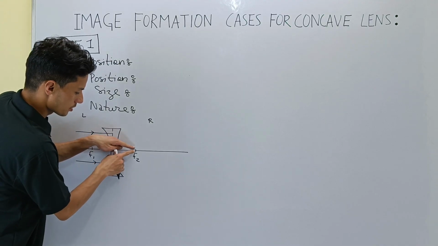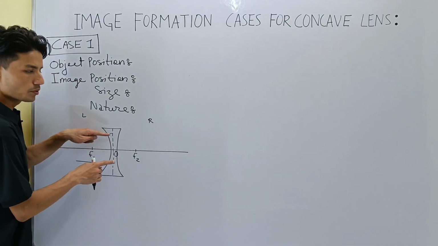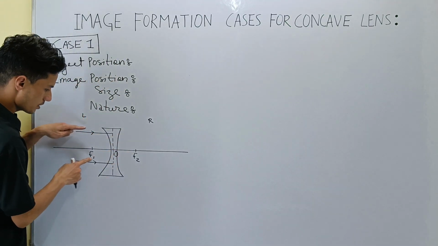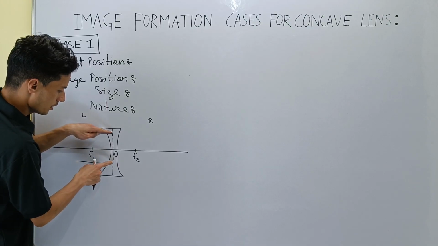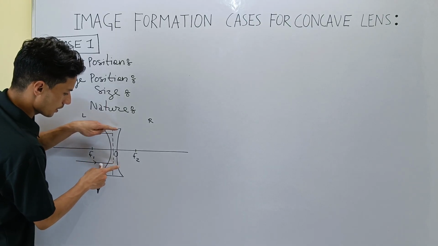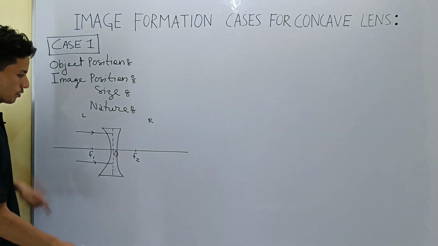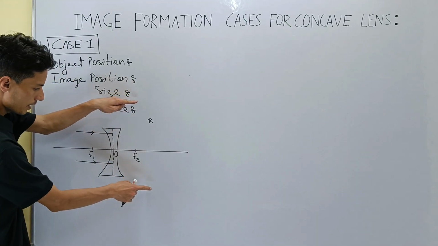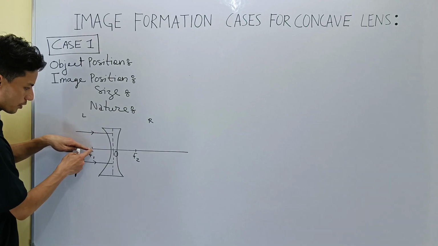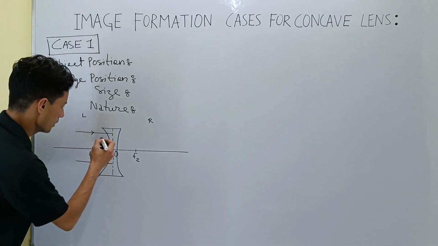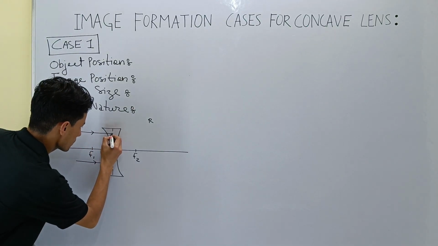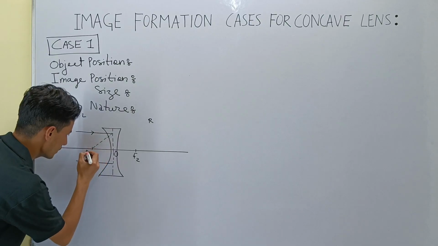They converge at focus, they meet. But that will not happen for concave lenses. For concave lenses, after undergoing refraction, the refracted rays will diverge away. So how are they gonna meet? Well, they will appear to meet at f1. So let us show that like this.